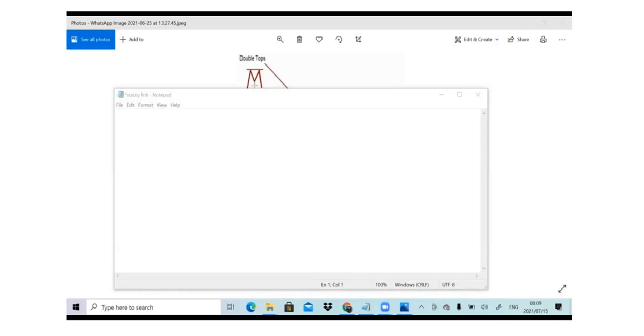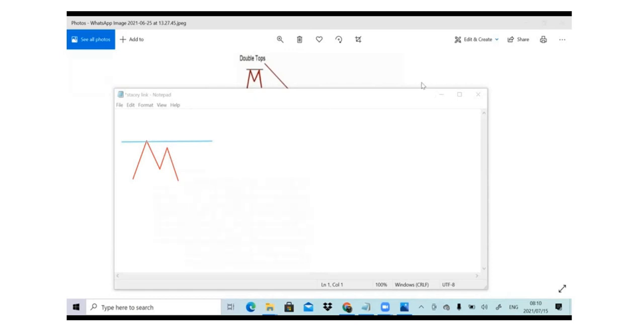So, when it comes to the double top, when I say you won't find them being symmetrical, sometimes you can find a double like this, with this being at this point and this here.